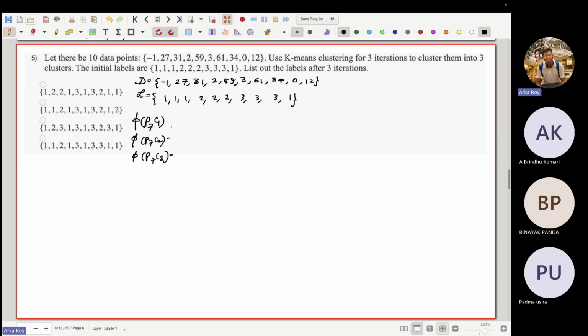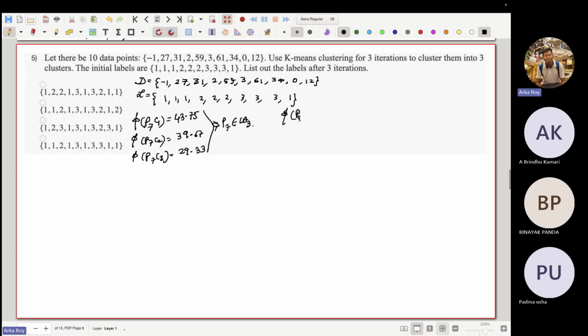If you solve this, you will see 43.75, 39.67, 29.33. So P7 belongs to omega 3.